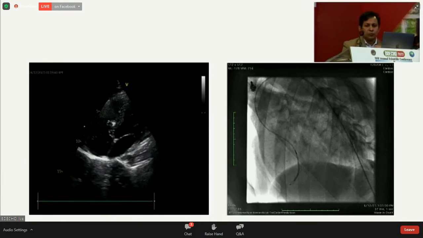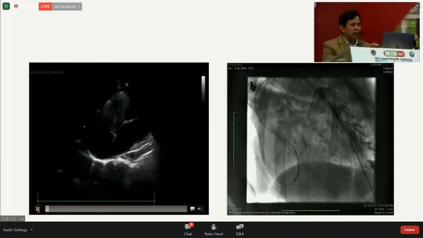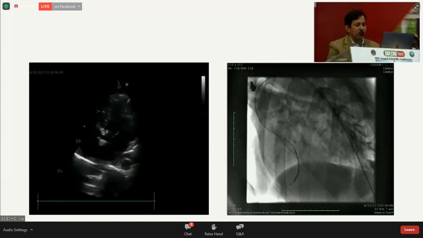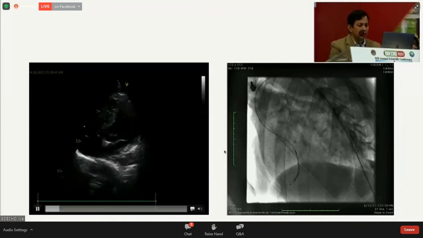And we crossed the VSD with the Terumo wire, and we have placed the Terumo anchor in the pulmonary artery in an antegrade approach.